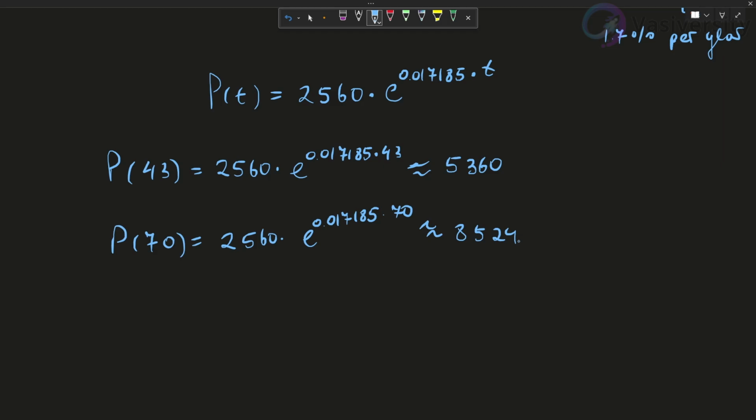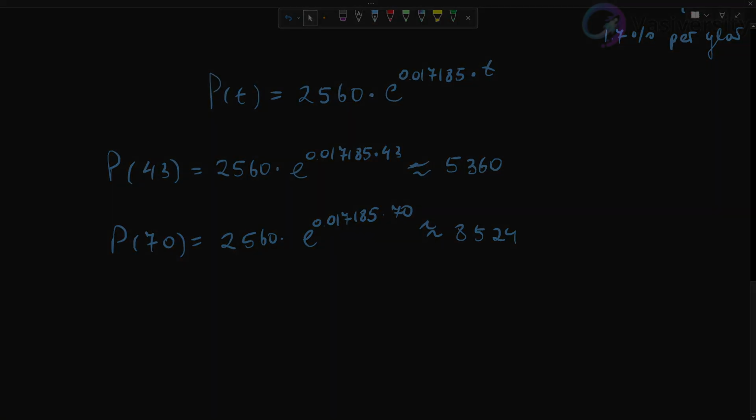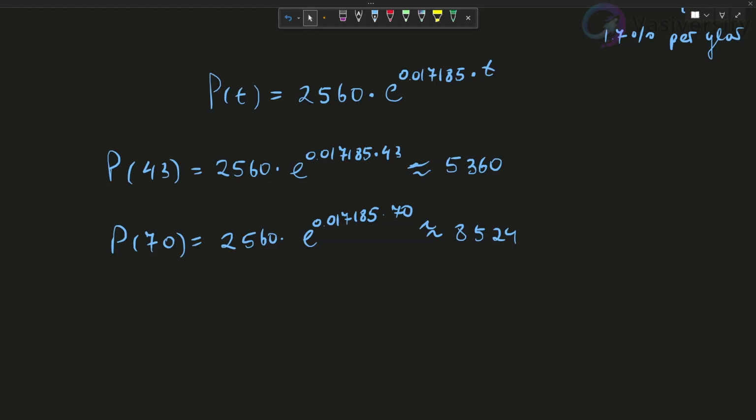Right. We can see that as we go, we might not always hit the prediction. We are in 2020, we're just short of 8 billion. So we are off by 500 million, essentially.